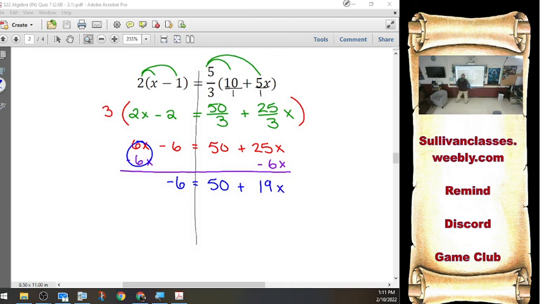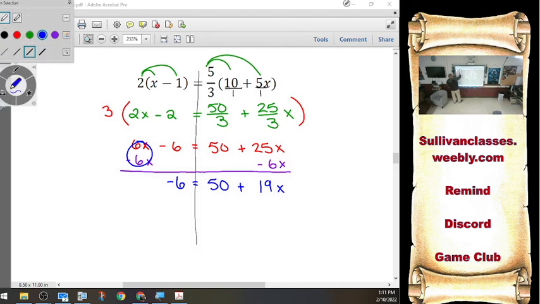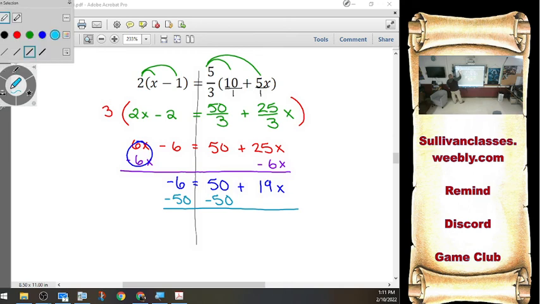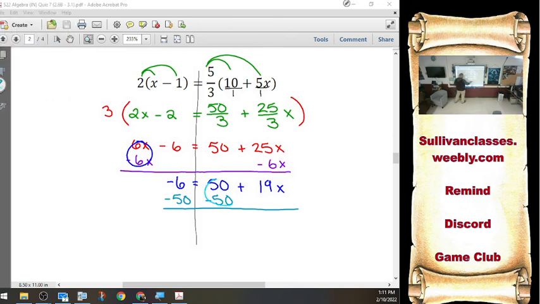25x minus 6x is 19x. Then, who's lonely? Subtract 50 over. Zero it out. I see I've got a 19x left.